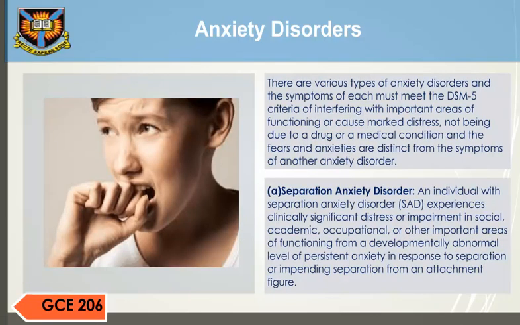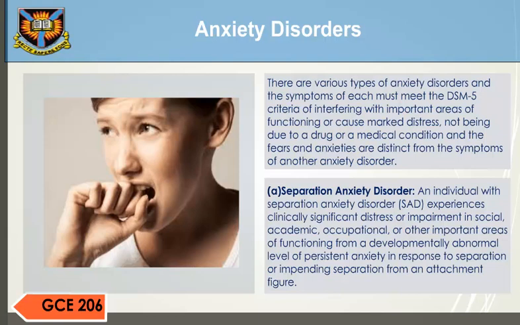There are various types of anxiety disorders, and the symptoms of each must meet the DSM-5 criteria of interfering with important areas of functioning or causing marked distress, not being due to a drug or a medical condition, and the fears and anxieties are distinct from the symptoms of another anxiety disorder. A. Separation anxiety disorder.